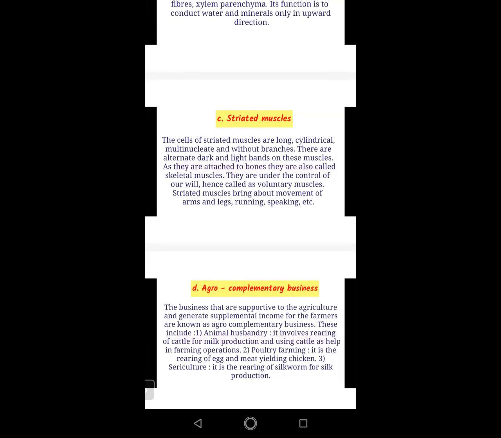Striated muscles bring about the movement of arms and legs, running, pacing, speaking, etc. As I already told you, these are the movements: arms and legs, running, speaking, etc. These are the striated muscles. Note it down.